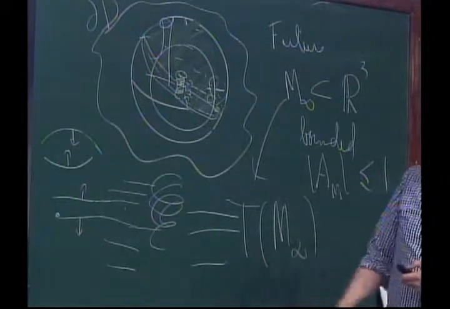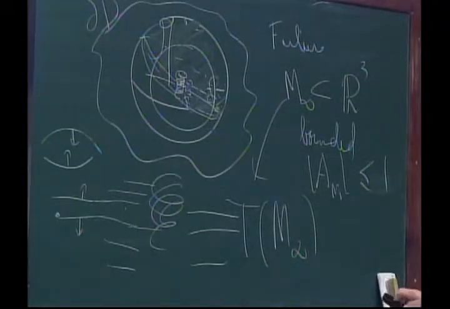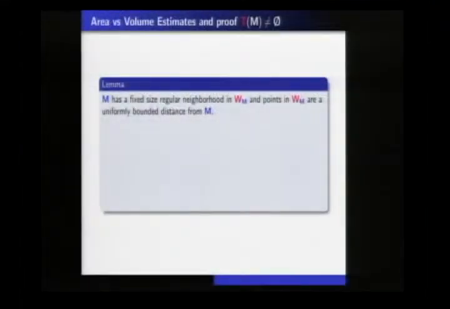It's a solid region, and the points are at uniform distance from M. It has a fixed size regular neighborhood.